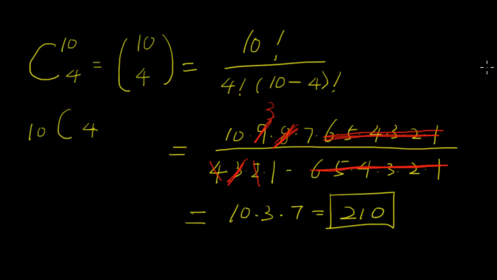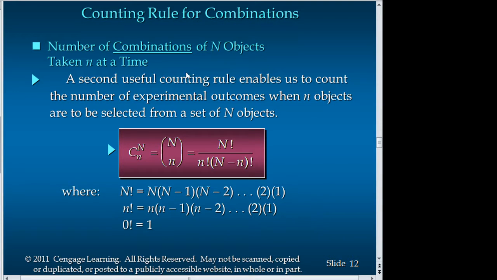That means you have 210 different cases of picking 4 books out of 10. That's what it means. All right, that's the formula, and that's the example that we just checked.